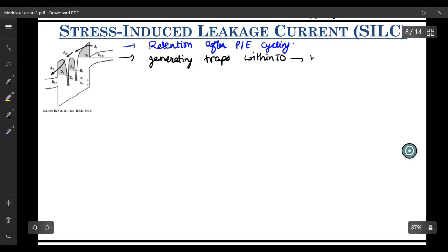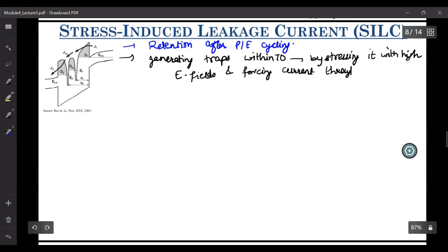How? By stressing it with high electric fields and forcing current through it, tunneling current or CHE current.